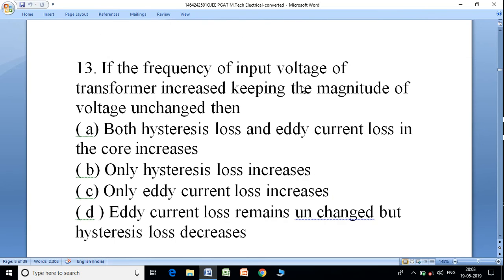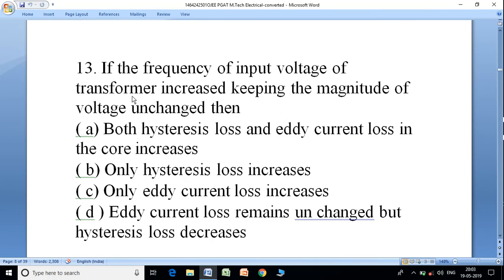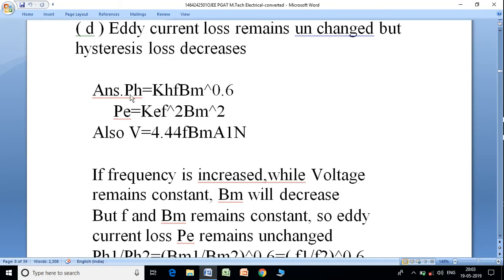Then, if the frequency of input voltage of a transformer increases, keeping the magnitude of voltage unchanged, then both hysteresis and eddy current losses increase. So let us see the question. So voltage remains the same, but if we increase the frequency, then what will happen to hysteresis and eddy current loss? Let us see the solution.